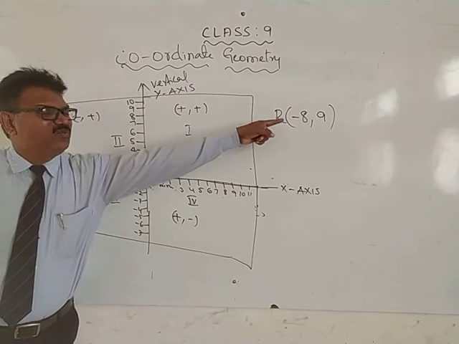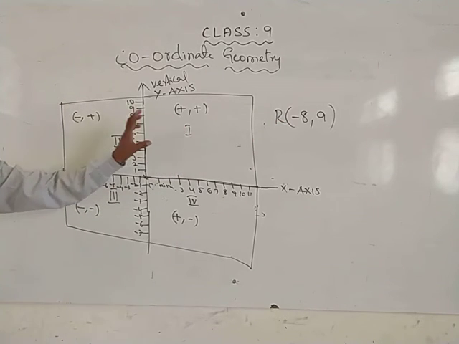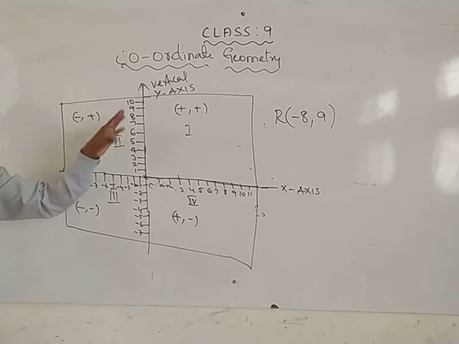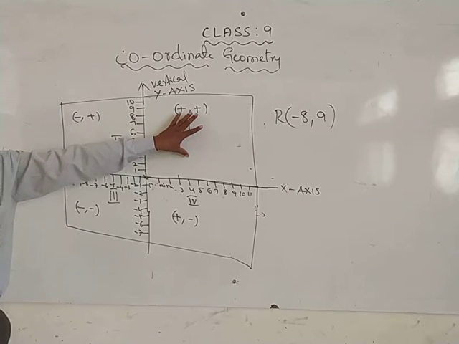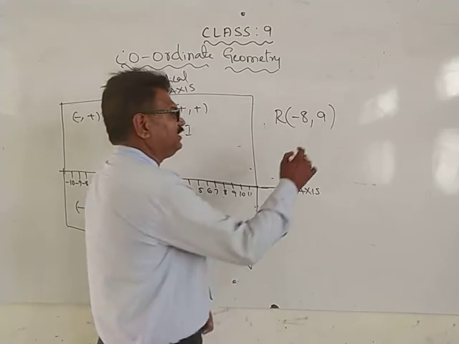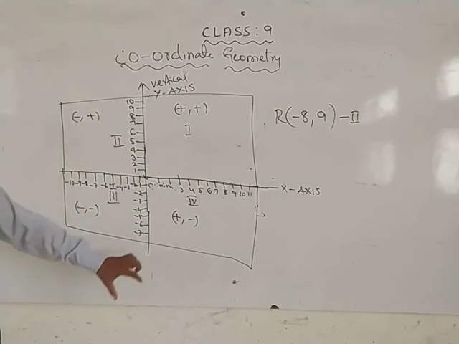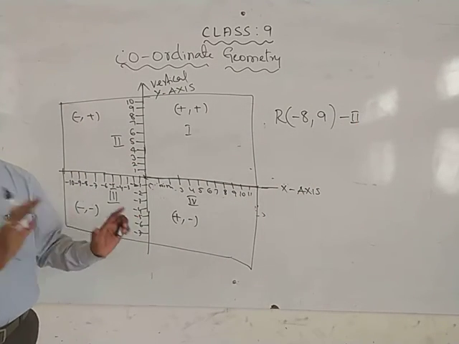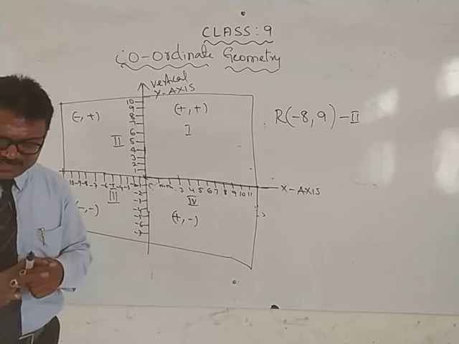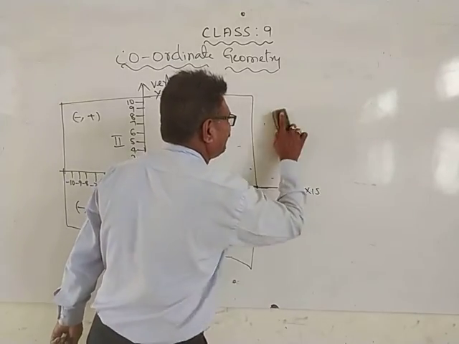What about y? Y is positive, so the first quadrant or the second quadrant. X is not positive according to the problem, so the first is out. Therefore, the remaining one is only the second quadrant. So this is the first type of question. I told 3 types, 1 type is over.